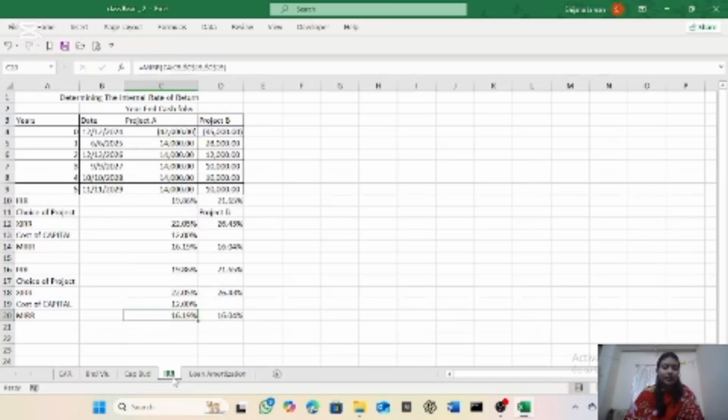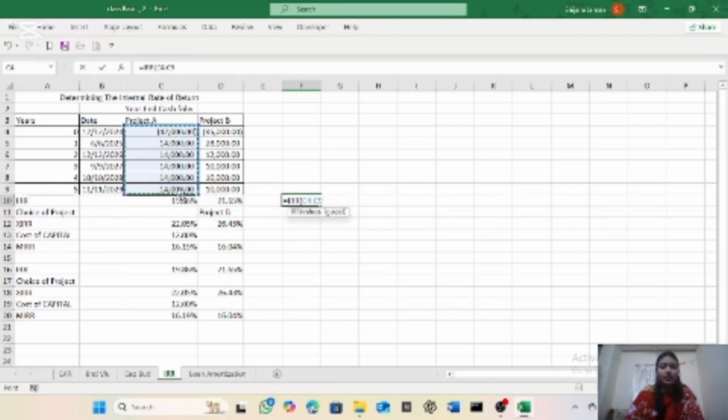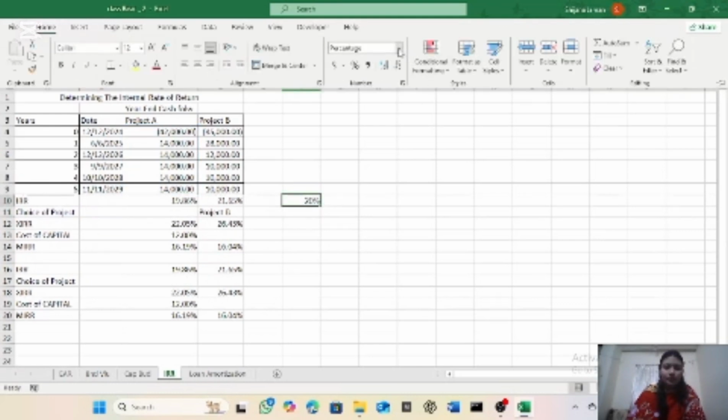Now we are calculating IRR, XIRR and MIRR. So first of all we are calculating IRR of project A. We choose this cell, equal IRR formula, values would be project 1's entire values, bracket close, enter, percentage, 19.86%.